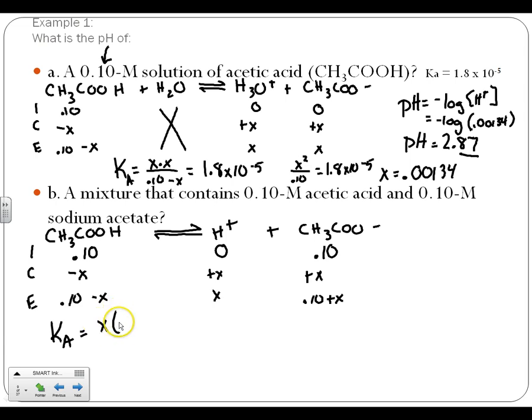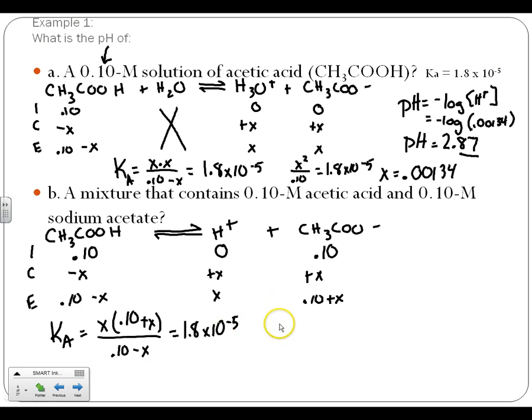So I've got x times 0.1 plus x divided by 0.1 minus x, and this is all equal to 1.8 times 10 to the negative fifth. Okay, the same little shortcut that we applied earlier with assuming that change is negligible, we can apply here.